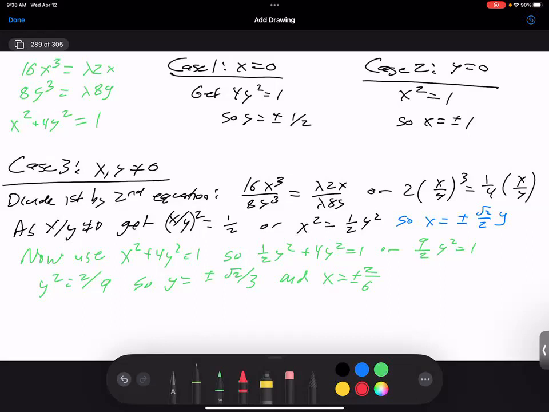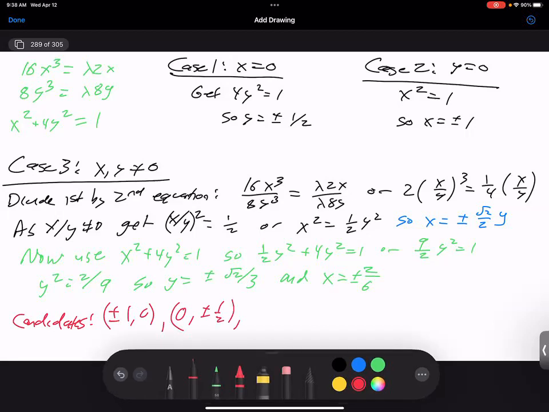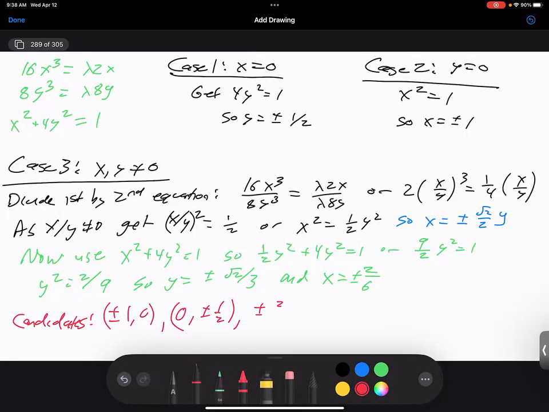And so here are my candidates. They're the points plus or minus 1, 0, 0 plus or minus 1/2, and then plus or minus 2/6 plus or minus √2 over 3.